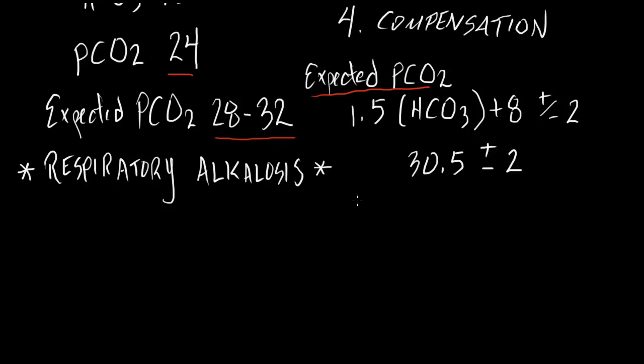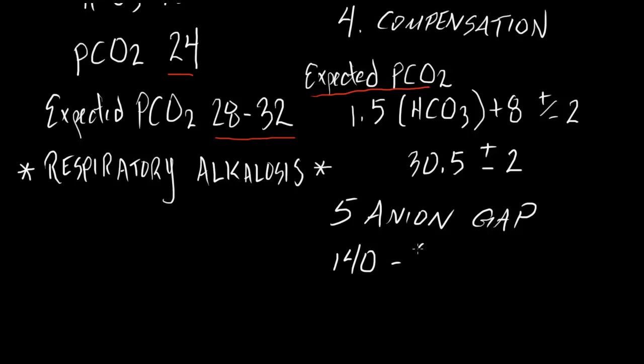The next step is our anion gap. The anion gap, in this particular case, the sodium is 140, the chloride is 100, and our bicarb is 15.